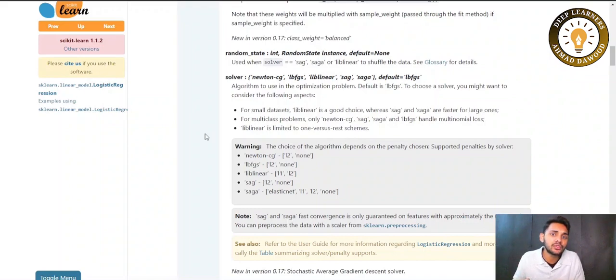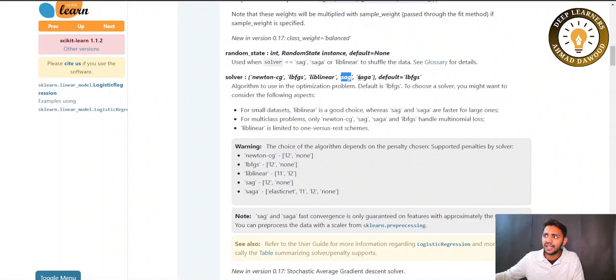Another approach we have seen is gradient descent, that we also have discussed in the case of logistic regression. So these are the most common approaches, but there are also other algorithms that can solve our optimization problem, can find best parameter values for us, like here the Newton CG, LBFGS, liblinear, SAG, SAGA.